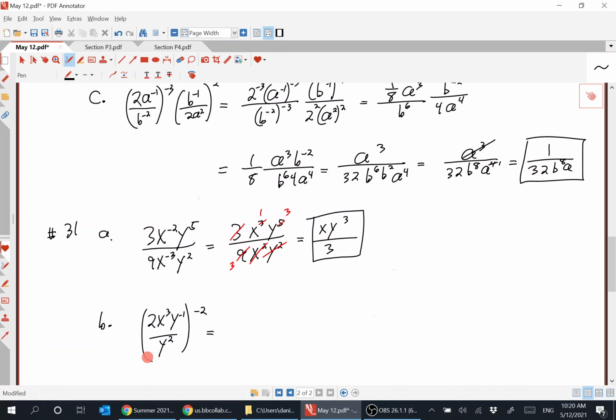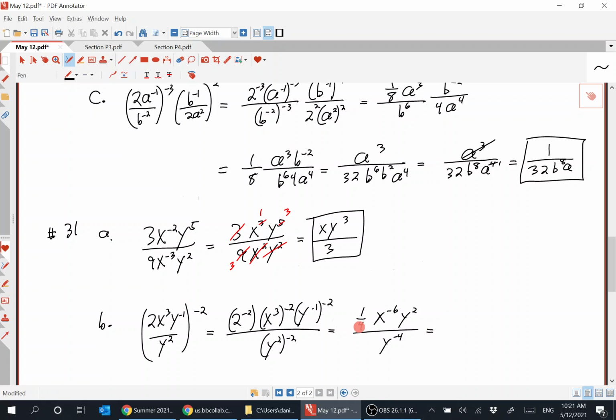So let's distribute the exponent. 2 to the minus 2, x to the 3 to the minus 2, y to the minus 1 to the minus 2, y squared to the minus 2. 2 to the minus 2 is a quarter. x to the minus 3 to the minus 2 is x to the minus 6. And then this becomes y squared. And this is y to the minus 4. Move negative exponents from top to bottom or bottom to top to make them positive.